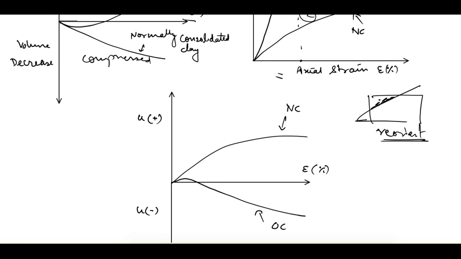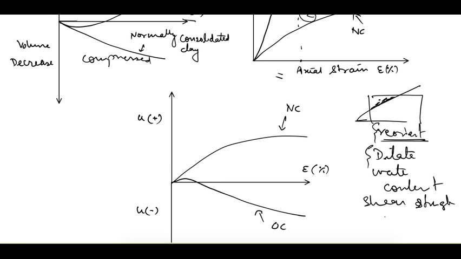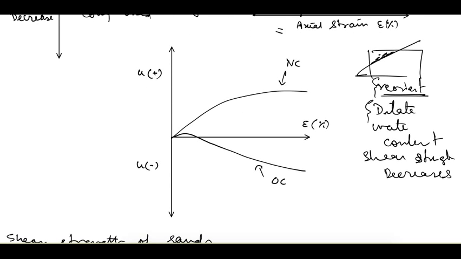Due to this reorientation, they dilate, and water content also increases, and in this process it dilates, plus its shear strength also decreases. This is the reason given for the decrease in shear strength of the over consolidated clay with time.